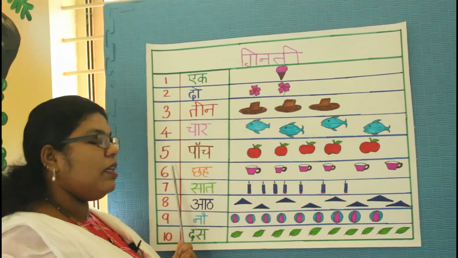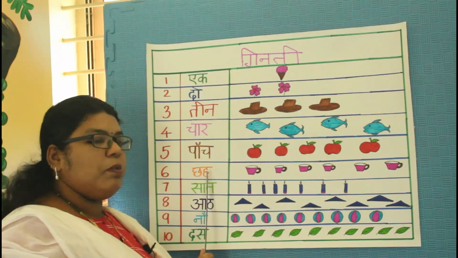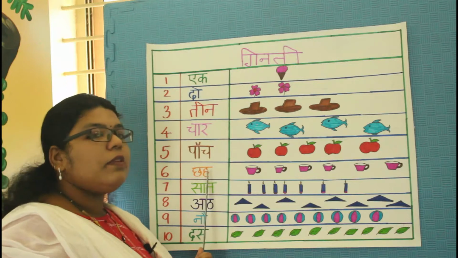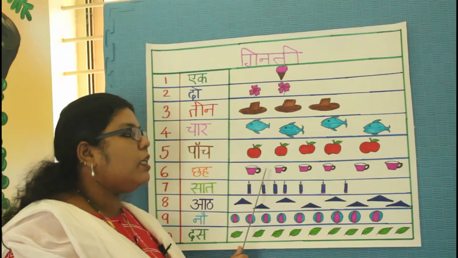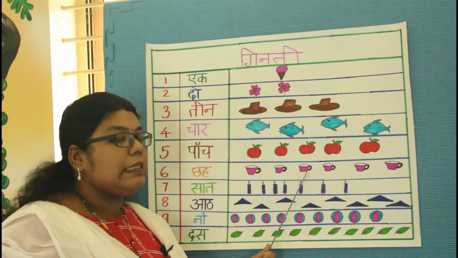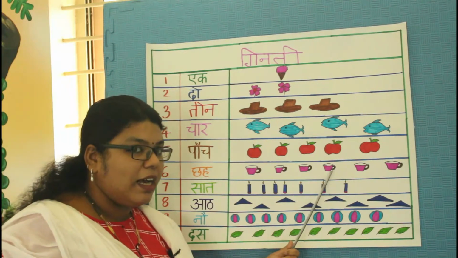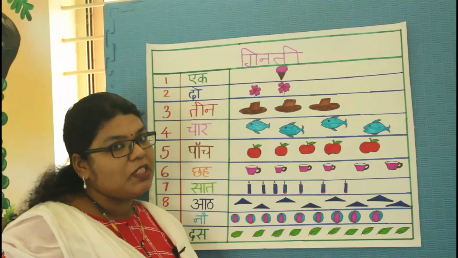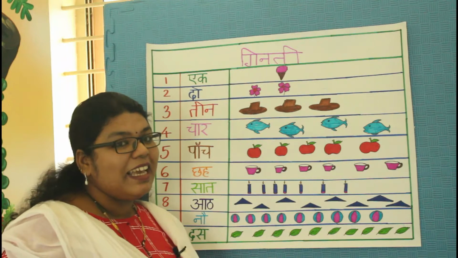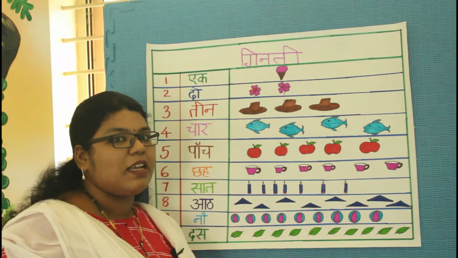Next, number 6. 6 means 6. Let's count the number of cups. 1 2 3 4 5 6. How many cups are there, children? Yes, very good. 6 cups.